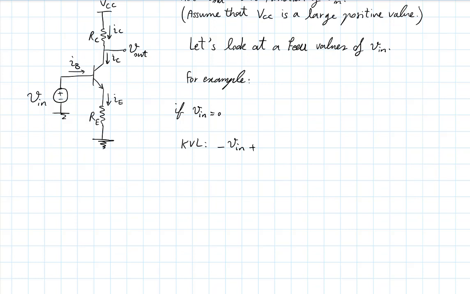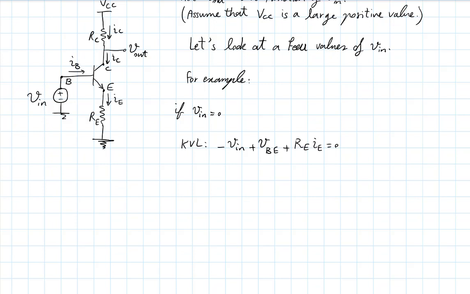Remember, this is the base, and this is the emitter, and this is the collector. Plus VBE, plus the voltage drop across that resistor, is 0, right?